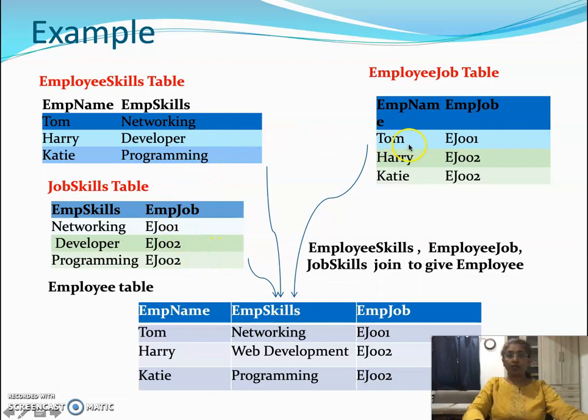The join of all these three tables will give rise to the employee table. We can arrange this as employee name, EMP skill and EMP job. And we see that each small table is a subset of the bigger table. So we can get a join dependency in this table, and hence this can be called a normalized table.